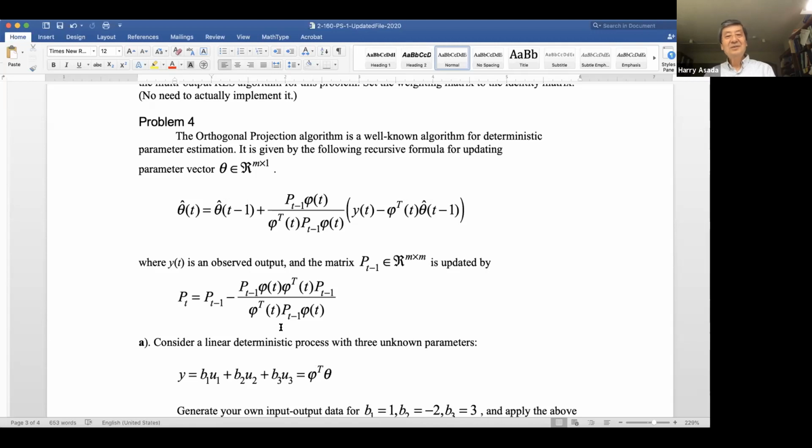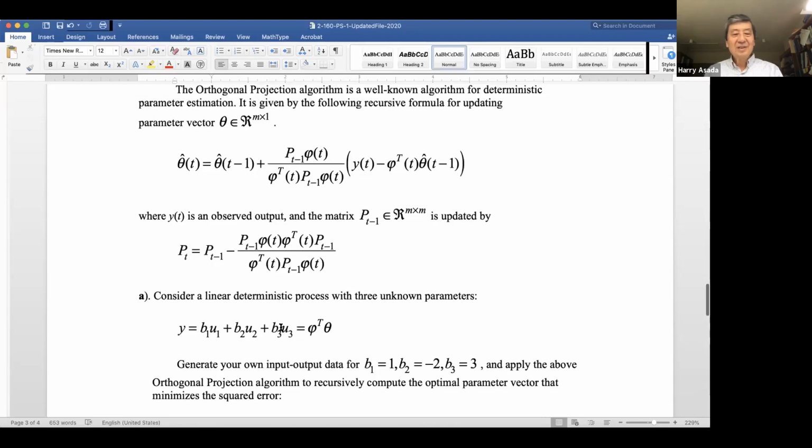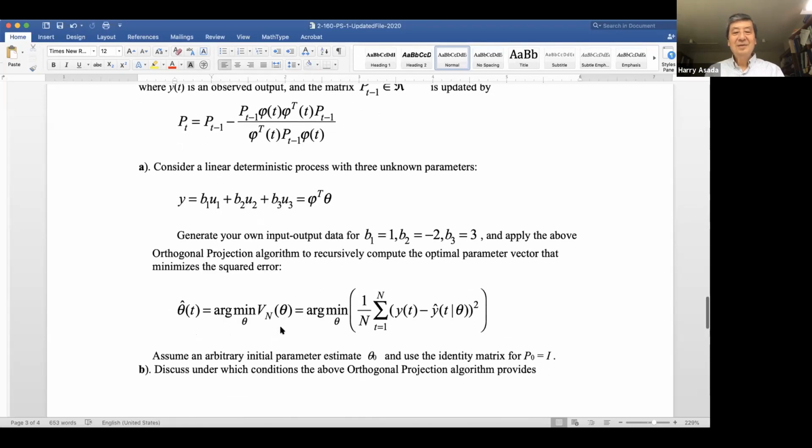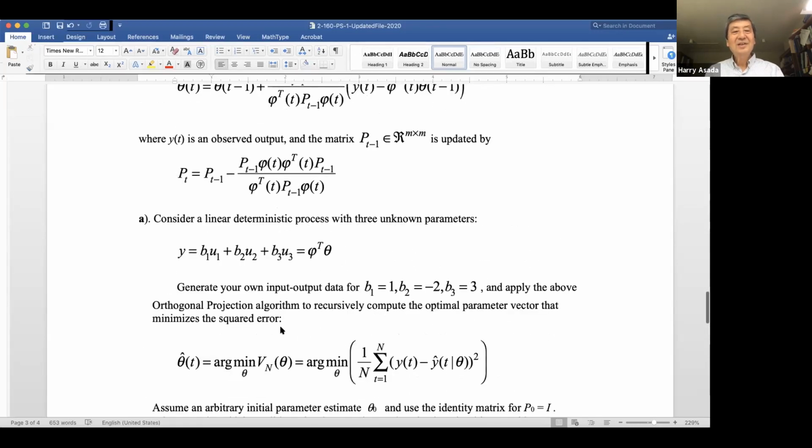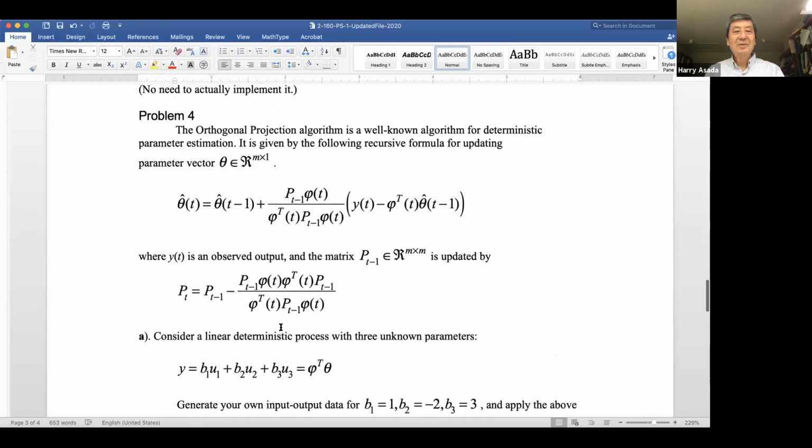This turns out to be a very interesting algorithm, and there are some pros and cons, which is something you'd like to figure out. This is called an orthogonal projection algorithm. It's a little bit different from recursive least squares. So these are what we have for the first problem set, and please start working on that.